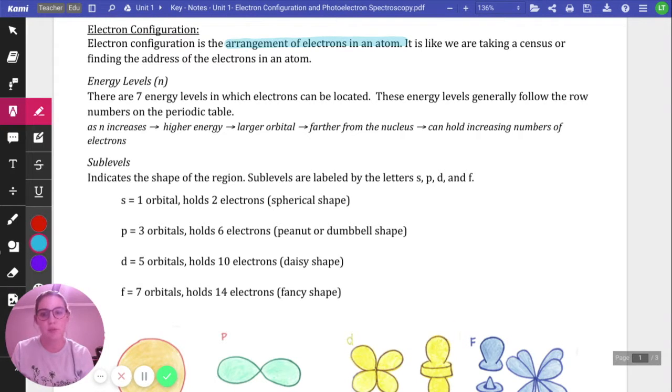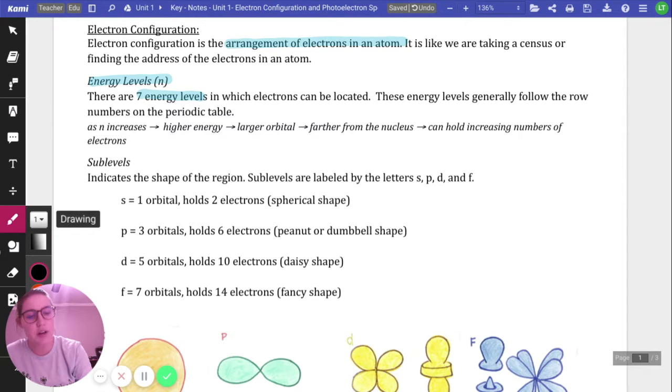We're going to start with our first one, which is our energy level. So far there are 7 energy levels discovered where electrons can be located. Typically, they follow the row number on the periodic table, with the exception of our D block and our F block. Those do not follow their row on the periodic table, but S and P do.